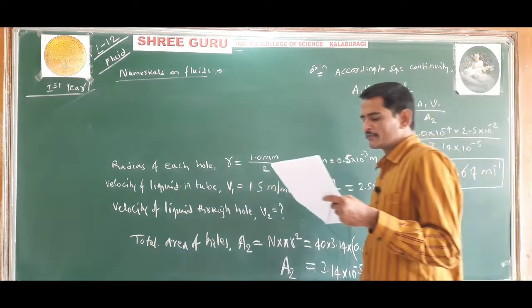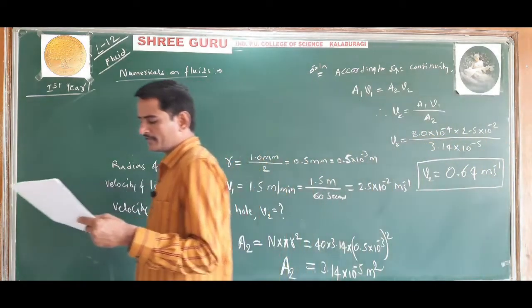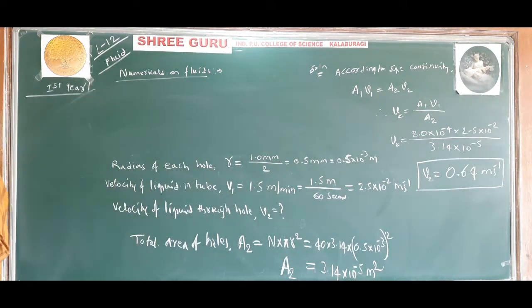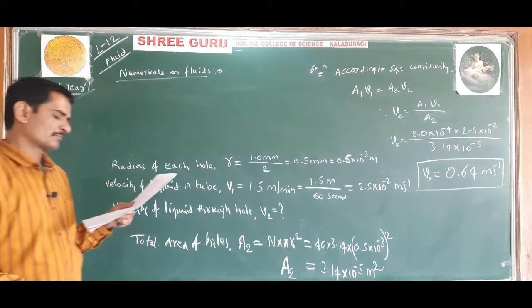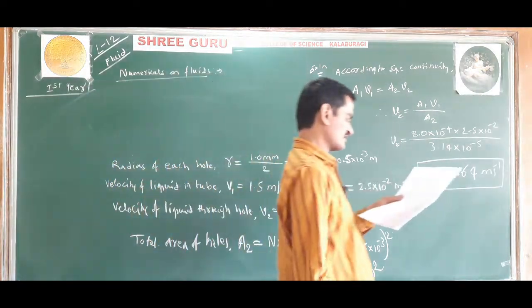Take density of air to be 1.3 kg per meter cube.